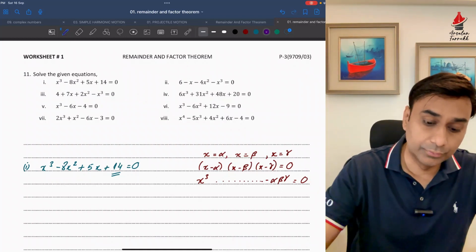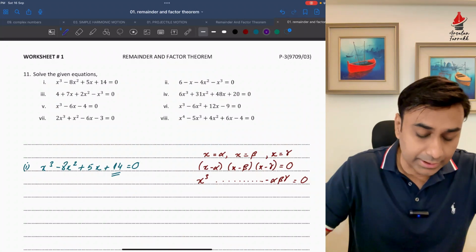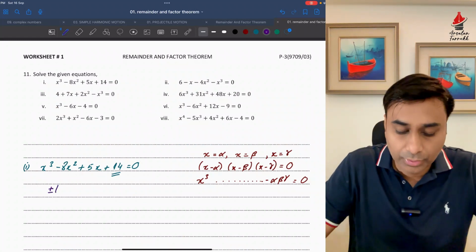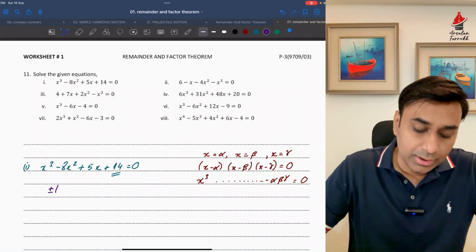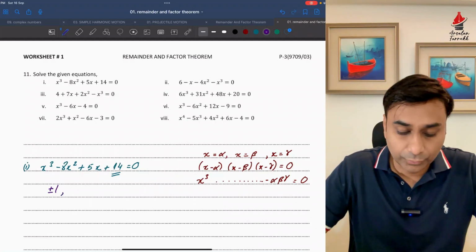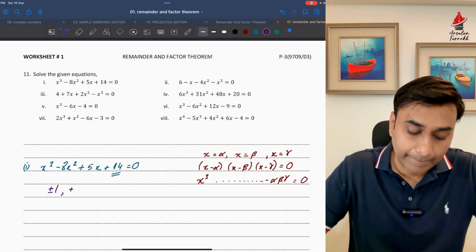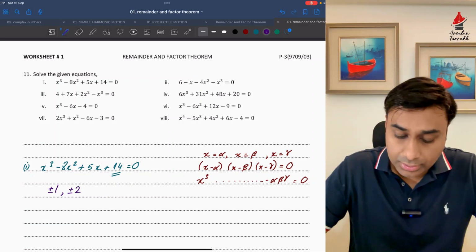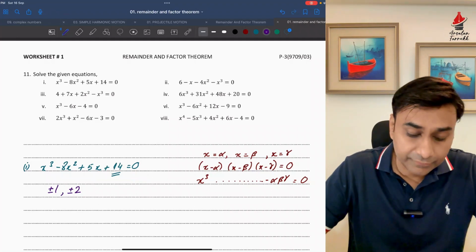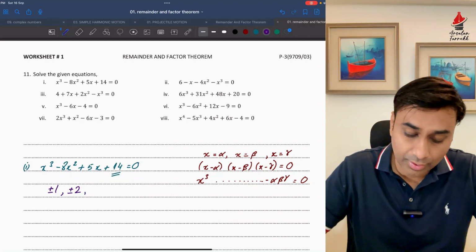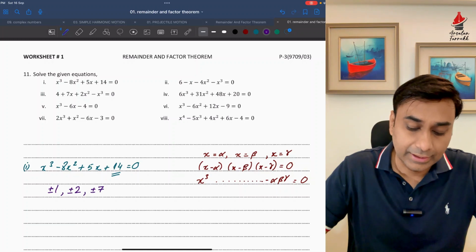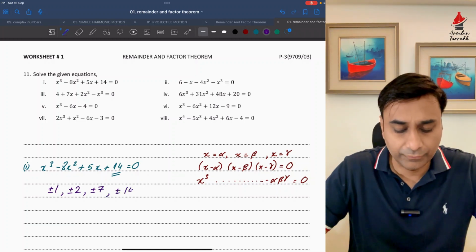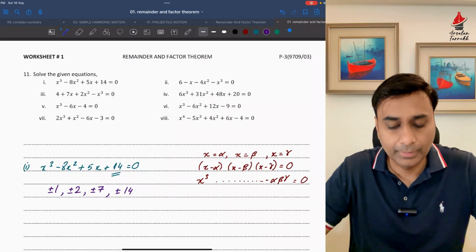So 1 is definitely a factor of every term, and 1 is a factor of 14. Likewise, if I look at this number 14, then 2 is also a factor of 14, 3 is not, 4 is not, 5 is not, 6 is not, but 7 is a factor of 14. And of course, 14 itself is also a factor of 14, with a plus and a minus sign.